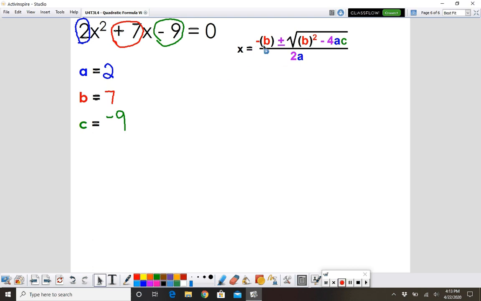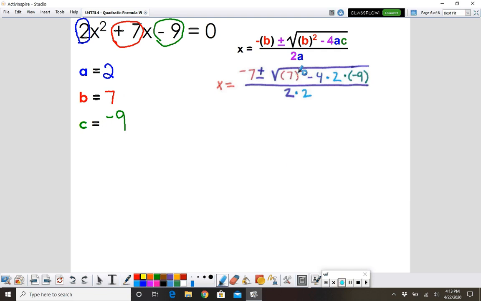And now we're going to plug in. So negative b is going to be negative 7 plus or minus the square root of b squared, so 7 squared, minus 4 times a, which is 2, times c, which is negative 9, all over 2a, which is 2 times 2. Okay. Next step, do what's under your square root symbol.